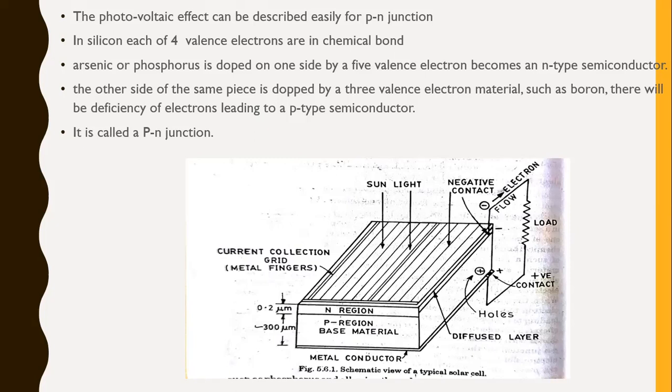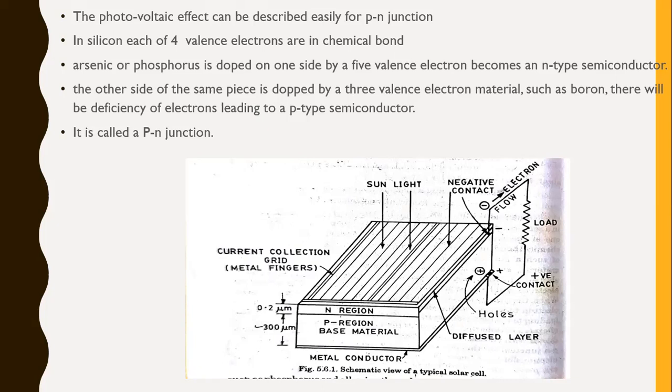So if a piece of such a material is doped on one side with a 5 valence electron material.